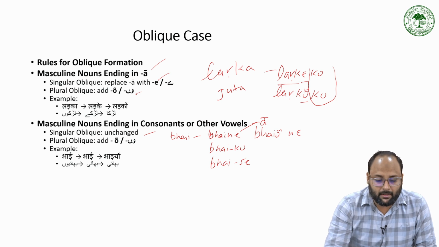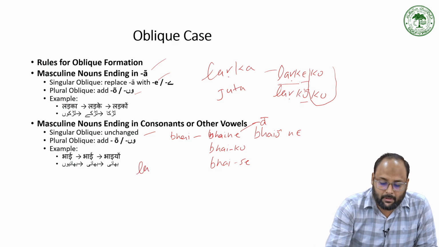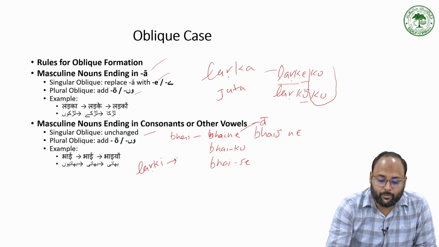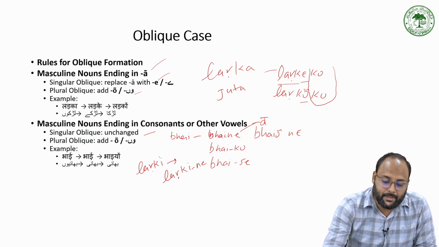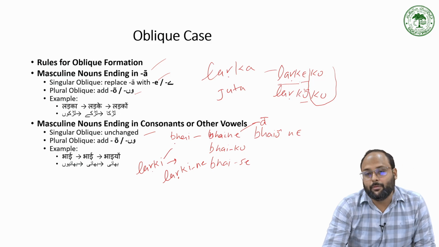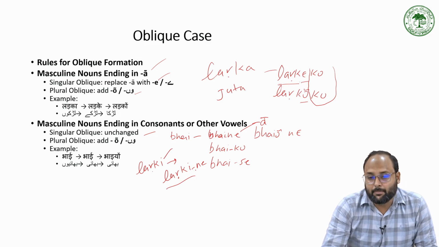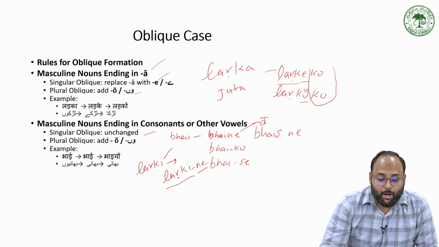But for the other vowels, like ladki. When we have ladki, for singular it will not change the base form, like लड़की ने खाना खाया, but लड़का changes into लड़के, लड़के ने खाना खाया, but not लड़की ने, because there is an i vowel, not an a vowel, so it remains the same for the singular when we are adding the postposition. But for plural it becomes लड़कियों ने.